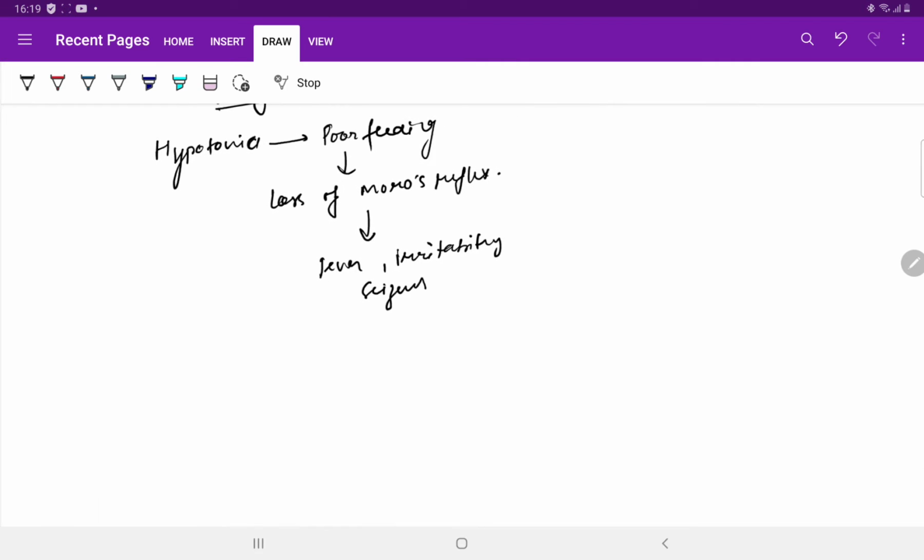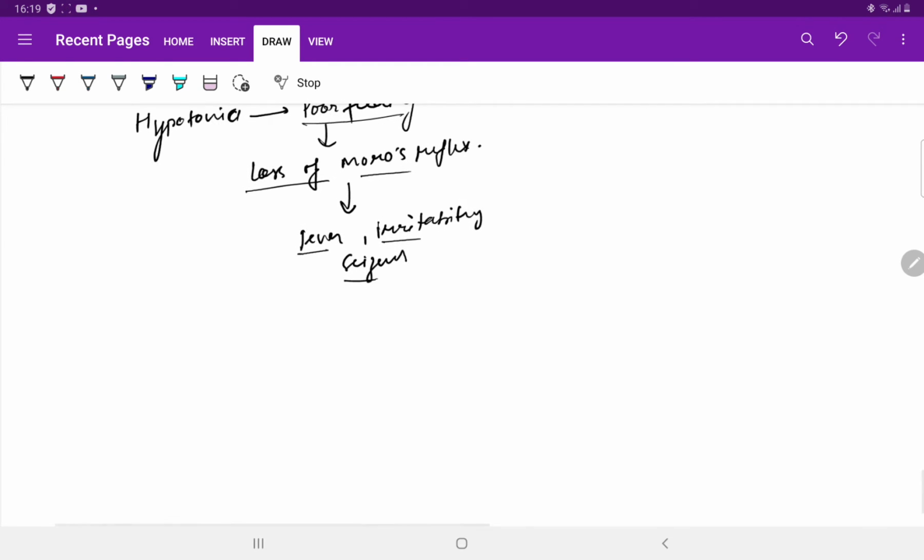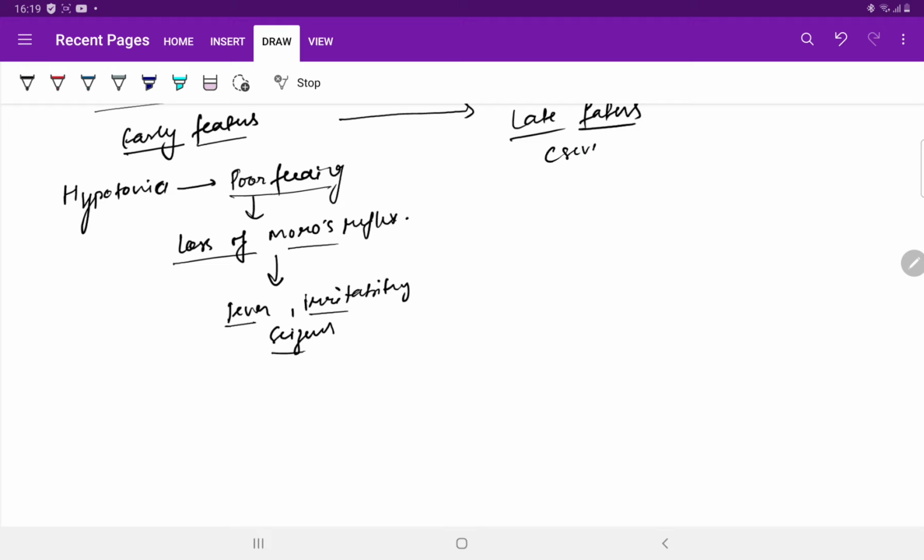It starts with hypotonia, poor feeding, loss of Moro's reflex, fever, irritability, seizures, which then progresses to a more severe form. This is the advanced form, late stage, where there is development of hypertonia. The patient becomes opisthotonous, and the person further lands up in coma and ultimately death.